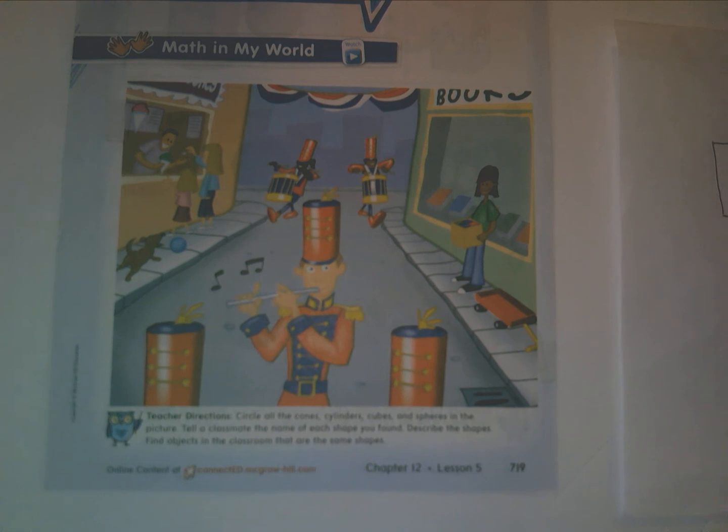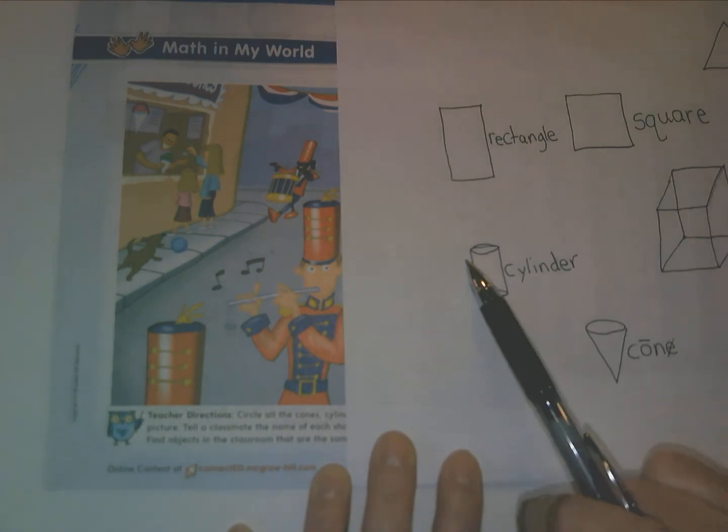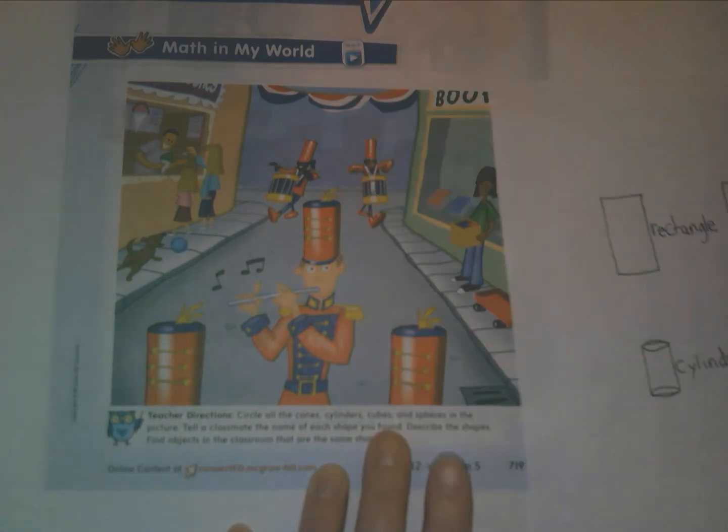After you look for the cubes, then I want you to look for the spheres or the circles. Do you see some round ball-like shapes? I see a couple on there. Then you're going to look for rectangle or the cylinder shapes. There's quite a few.